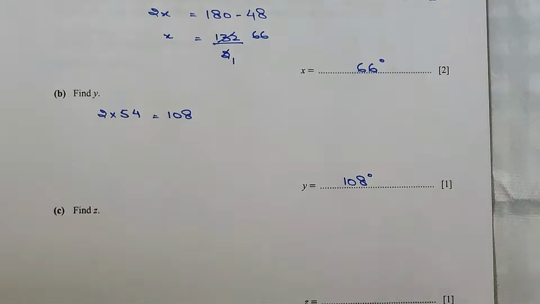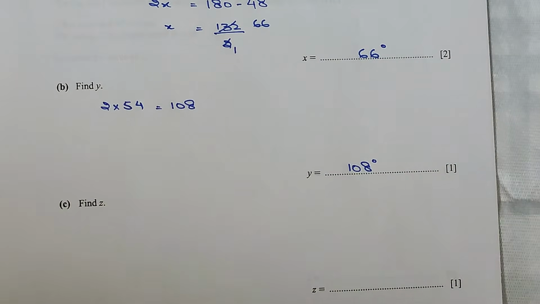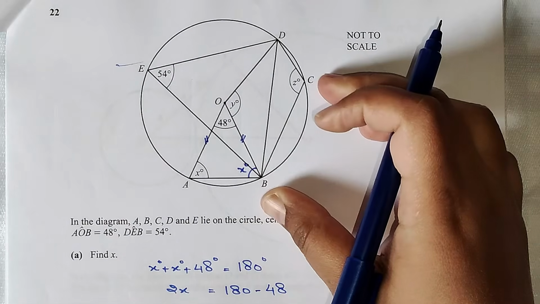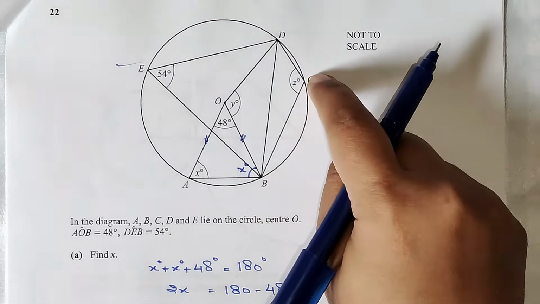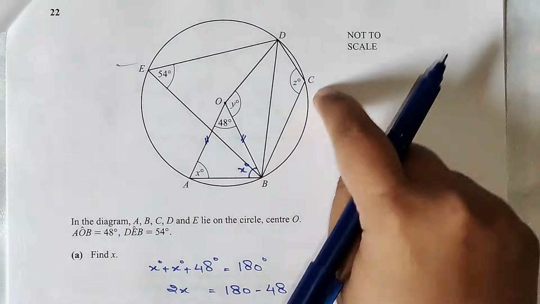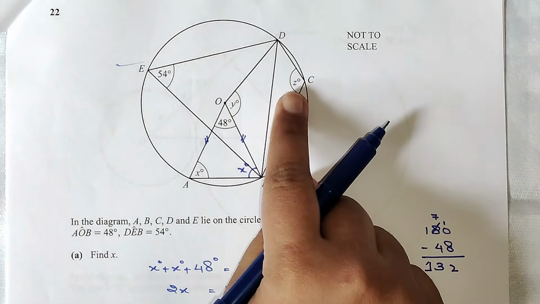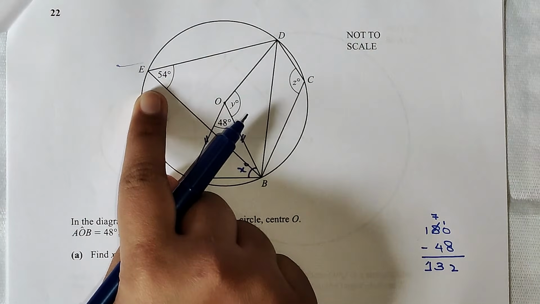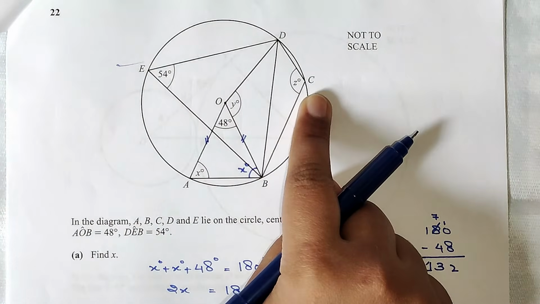Now in part C, we need to find the value for z. So this is angle z. If we consider the quadrilateral BCDE, what is the opposite angle of angle z? 54 is the opposite angle of angle z, right?